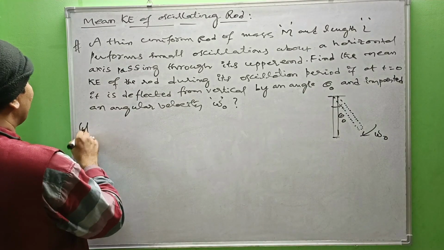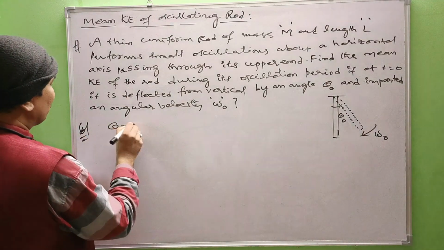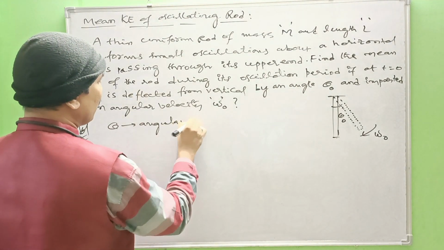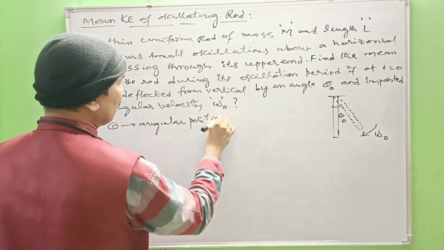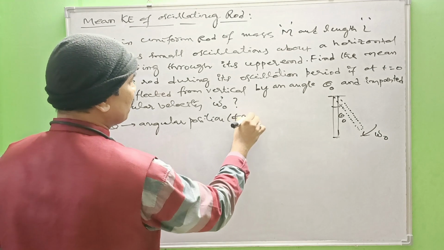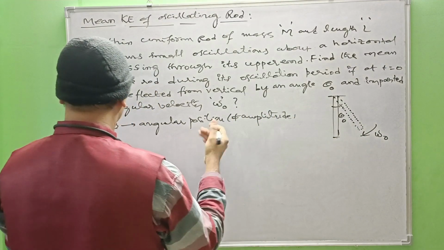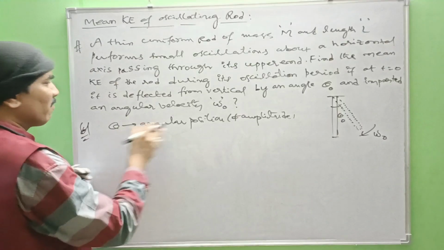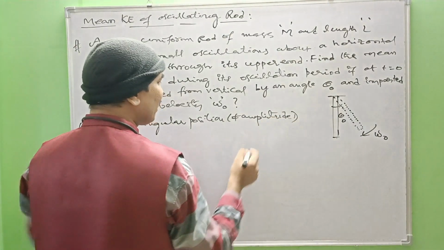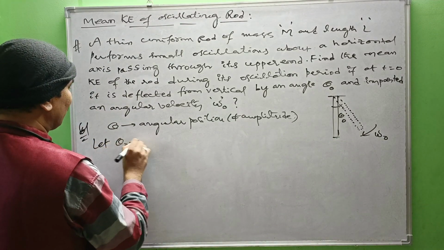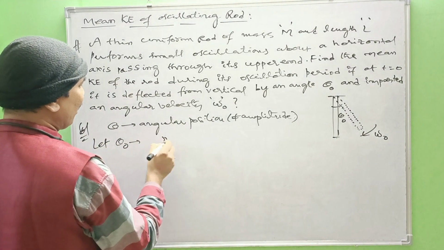So solution: theta naught means angular position, not equal to amplitude. So we have to consider another symbol for angular amplitude. Let theta naught be the angular amplitude.